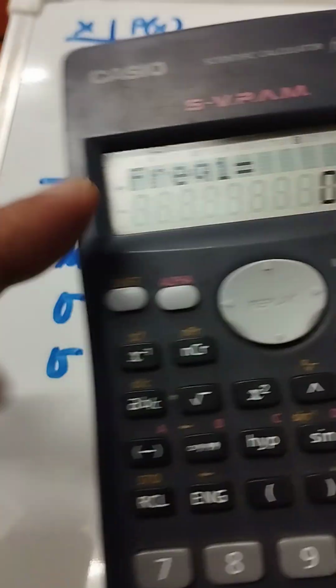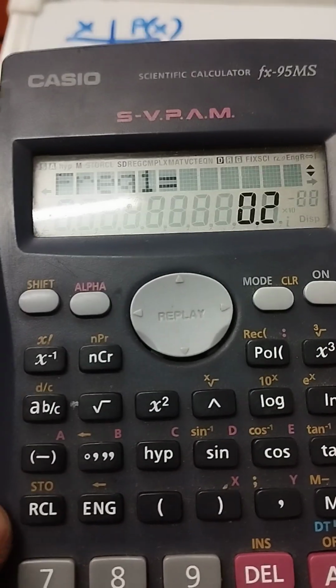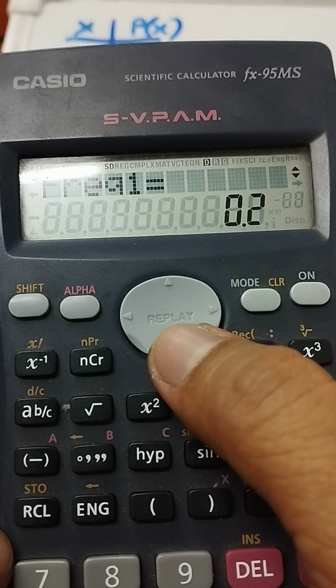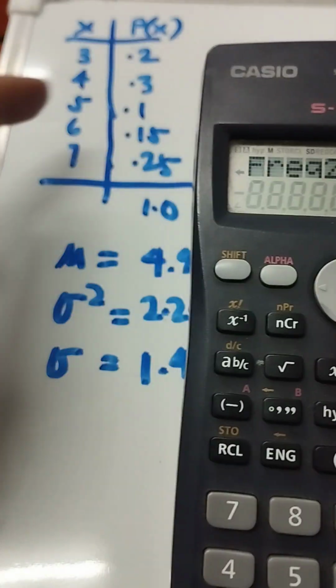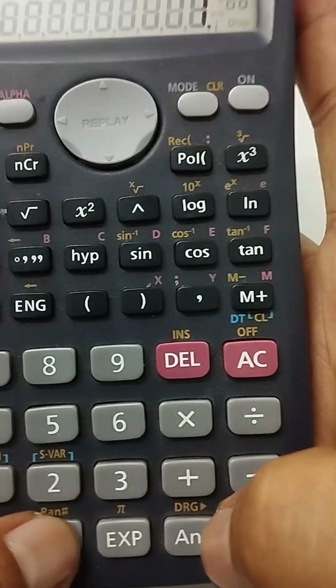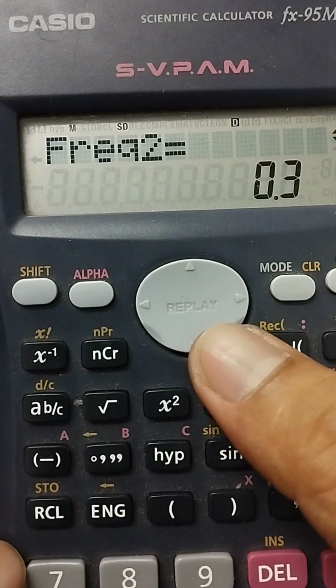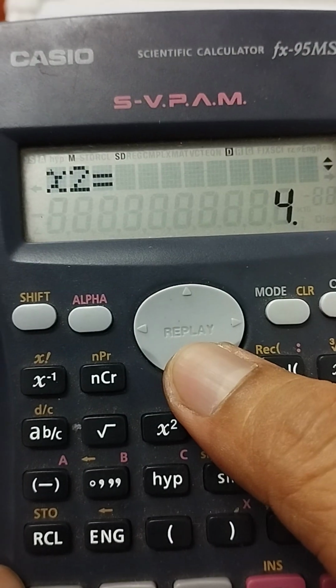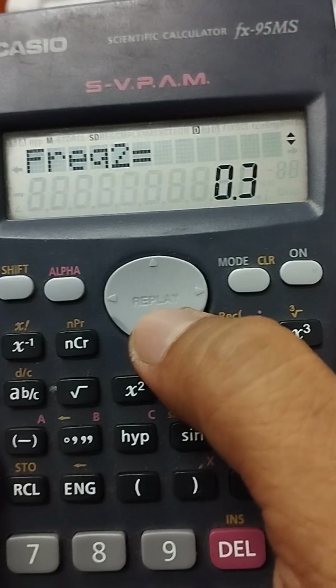Notice that frequency 1 was originally 1, now it became 0.2. Now navigate once more and go to frequency 2. The frequency now is going to be changed to 0.3. So you press 0.3, then the equal sign. So the second entry now has an entry of 4 with a probability of 0.3.